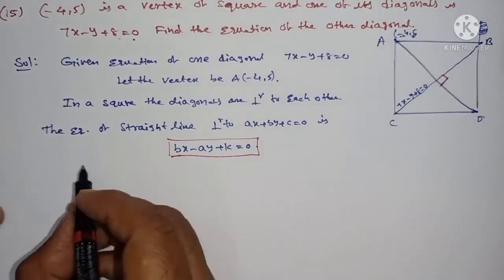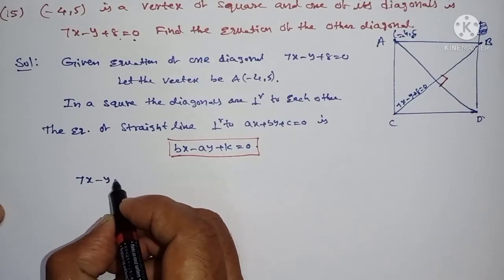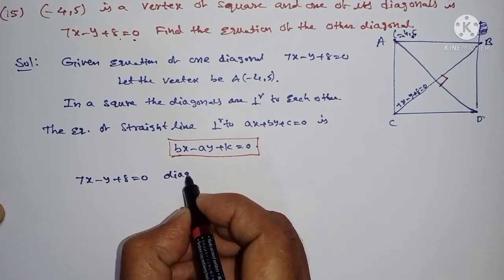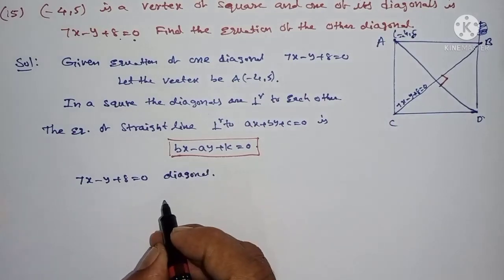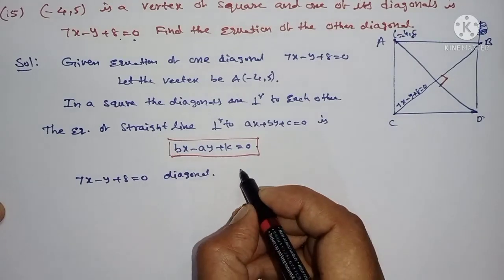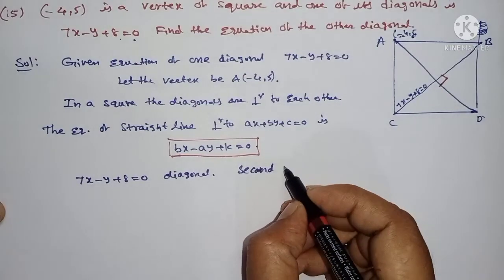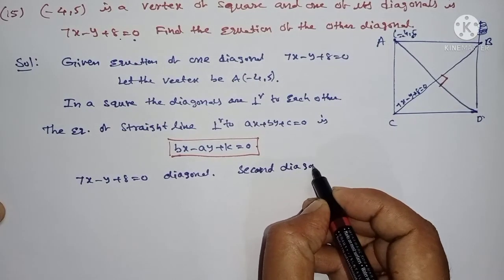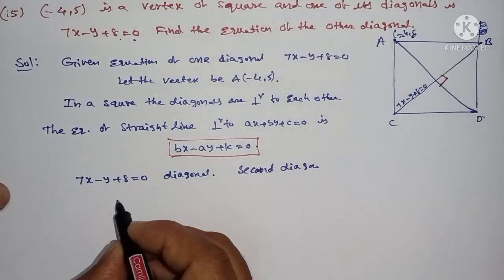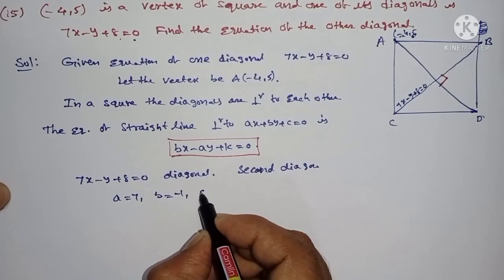If the given diagonal is 7x minus y plus 8 is equal to 0, one diagonal, then the second diagonal I can write using the formula bx minus ay plus k is equal to 0. What is a? a is equal to 7, b is equal to minus 1, c is equal to 8.